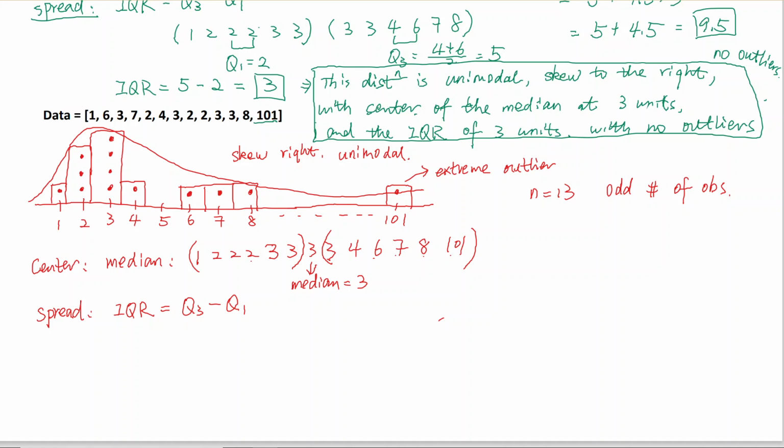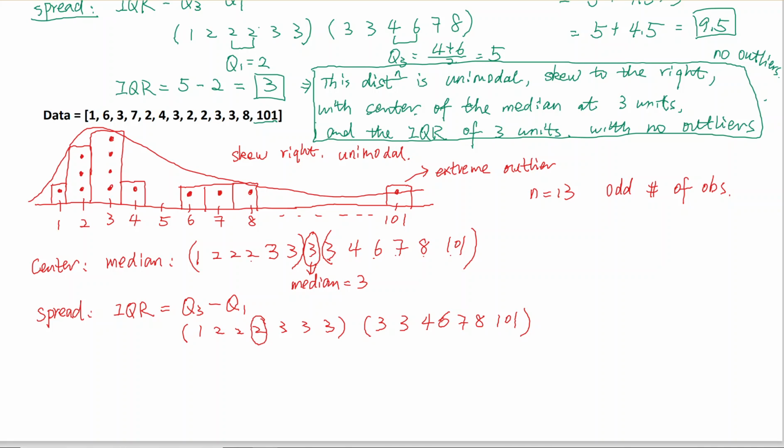We need to include this middle value twice, in both halves, right? So the first half will be 1, 2, 2, 2, 3, 3, including the middle 3. The second half will still include the middle value, will be 3, 3, 4, 6, 7, 8, 101. Right, include this middle value twice in both halves. All right, now for the first half, find the median. So what is the median?